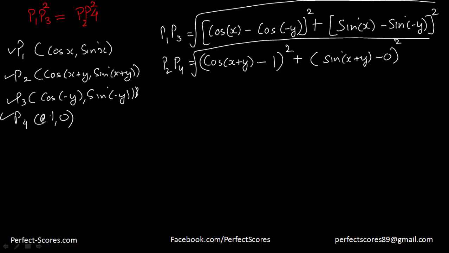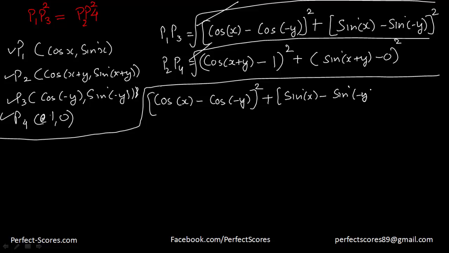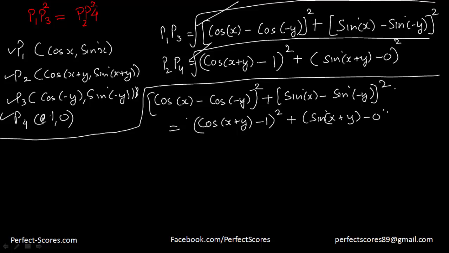Now since this is equal to this, I can actually cancel the under roots and simply say that the expression cosine of x minus cosine of minus y, the whole square, plus sine of x minus sine of negative y whole square, is equal to cosine of x plus y minus 1 whole square plus sine of x plus y minus 0 whole square.